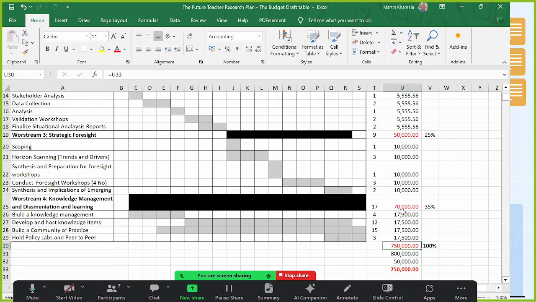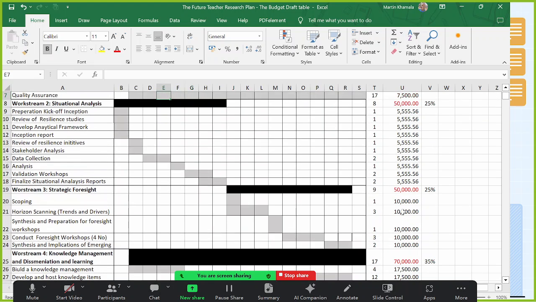Okay, so this is a distribution. So you have to ask yourself, is management more intensive than doing the foresight? Knowledge management is 35. It's now the biggest. Let's agree, the main pieces of work are what? It's work stream 2 and those are the main.